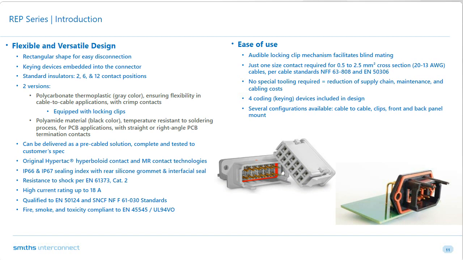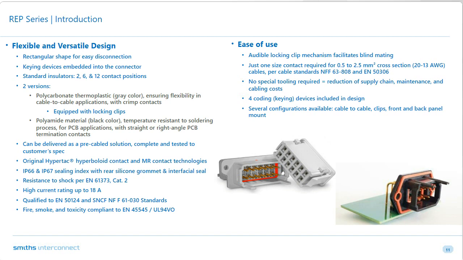And if you use the MR contact, then there are 2 different types of contacts depending upon your cross section of the cable. The beauty of the product is that you don't need any special tool requirements. That basically means, from your spend standpoint, it reduces your supply chain spend, maintenance, and that sort of area.